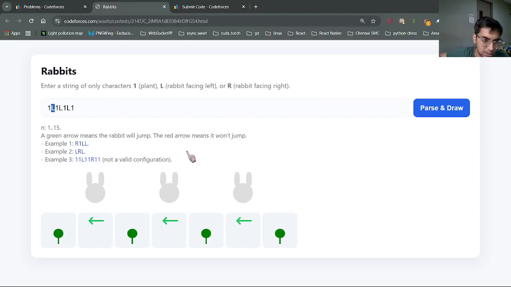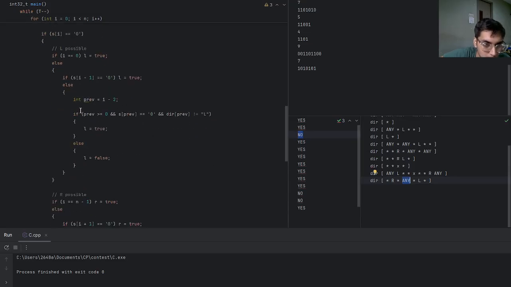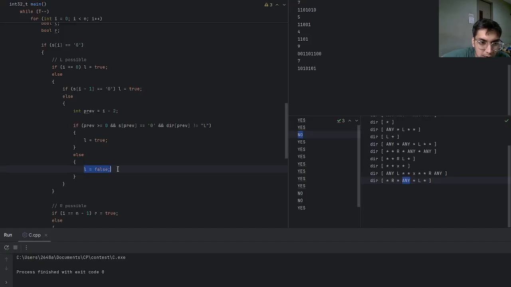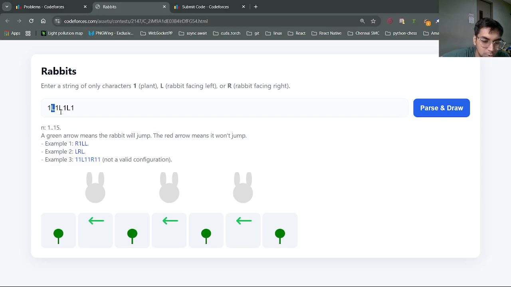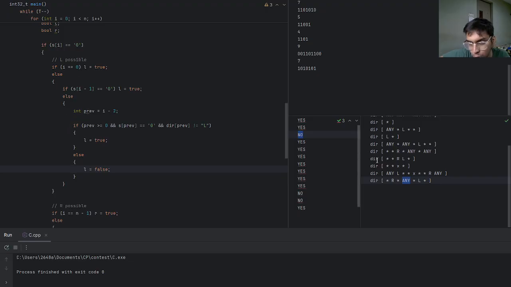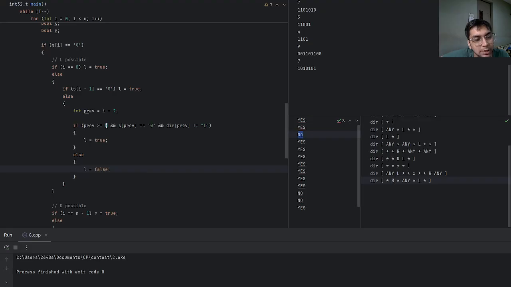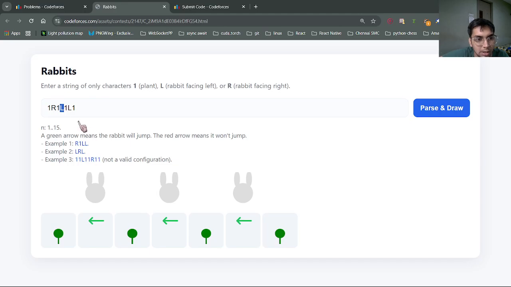So for example here can L be possible? No, because पीछे वन बैठा हुआ है ना? So यहाँ से ही हो जाएगा, ठीक है? So R ही रखना है इसको, which is true. R ही रखना है, ठीक है? Then हम आते हैं इस वाले पे। तो अब ये बोलेगा भाई कि देख, इसमें L में रख सकता हूँ, ठीक है?